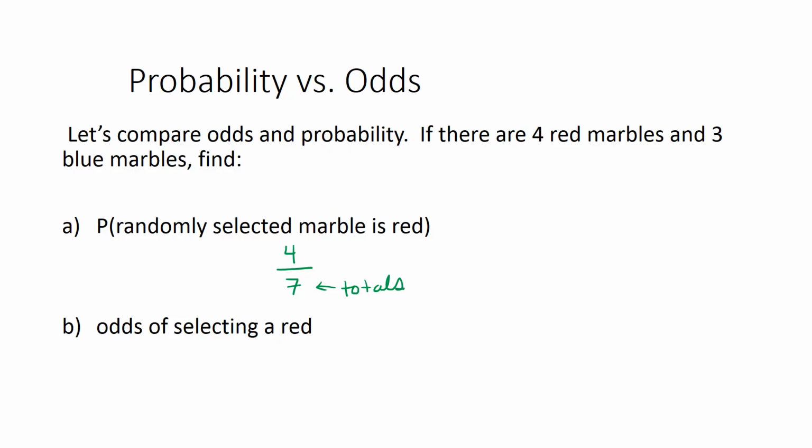Odds, you don't do that. The odds of selecting a red are: there are 4 red, there are 3 not red. So you can see you're not putting the total 7 in your odds. It's how many are red, colon, how many are not red. And 4 and 3 don't have a common factor, so that is reduced.